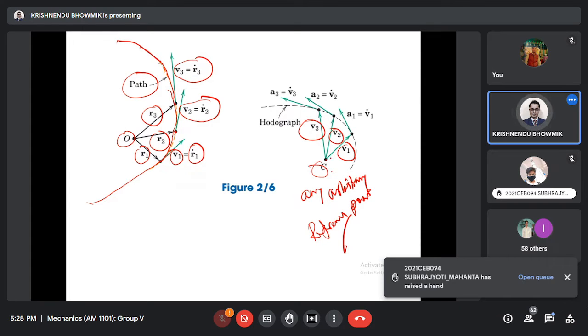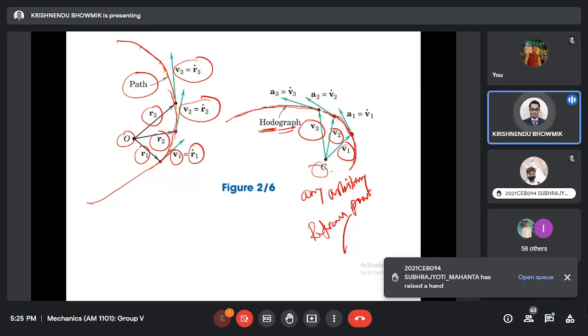So what will you get, magnitude and direction wise? One point, this is three points. Now you draw these three points and extend. You will get one graph that is known as a hodograph, H-O-D-O graph. This is one imaginary graph.